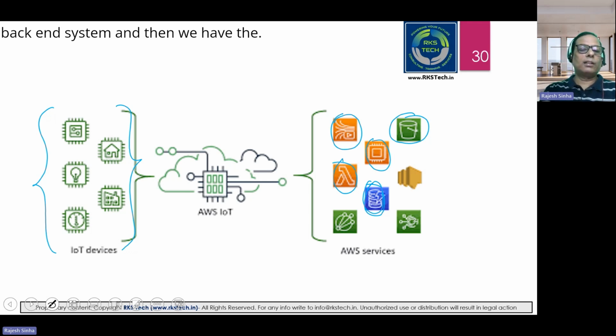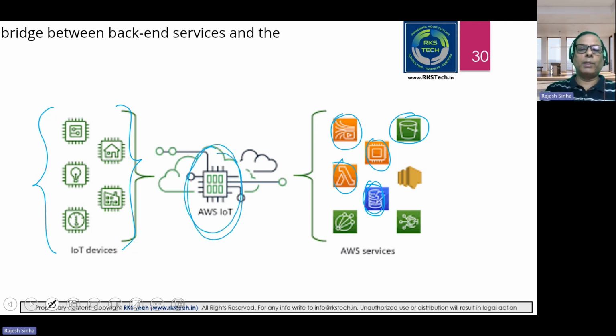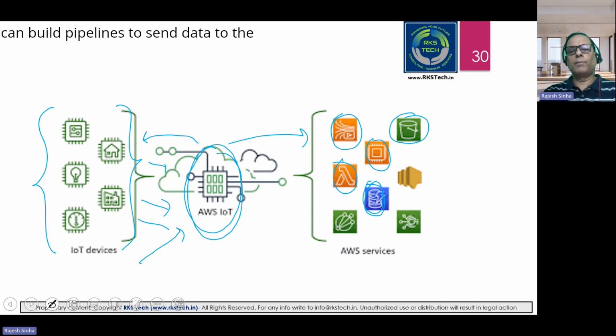And then you have the IoT devices, and AWS IoT Core. AWS IoT Core is the bridge between backend services and the devices. So devices will send data to the backend services using IoT Core. All these devices will send data to the IoT Core, and then from IoT Core, we can build pipelines to send data to the respective components.